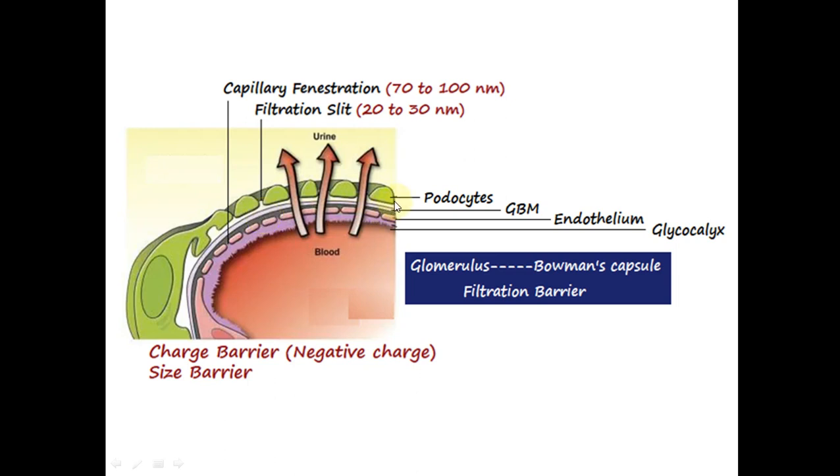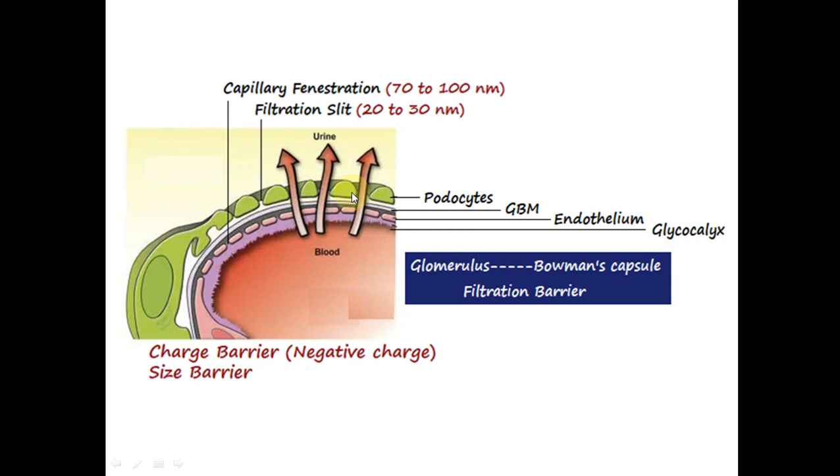Outside the basement membrane there is the visceral epithelial layer, the podocytes with their foot processes, and the foot processes of the podocytes interdigitate, and in between the interdigitations there are the filtration slits lined by the slit diaphragm composed of nephrin molecules.